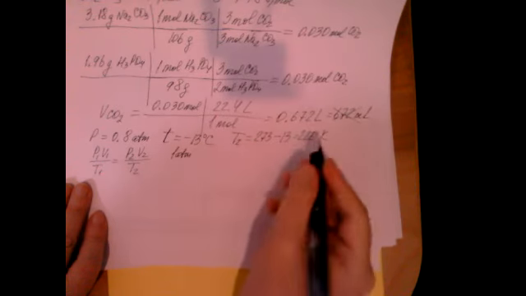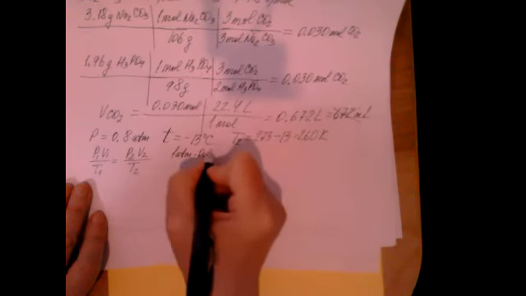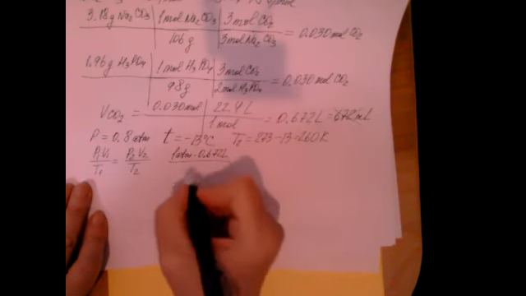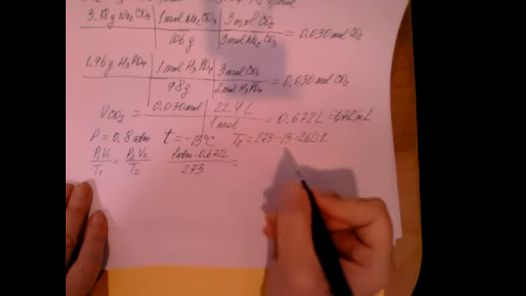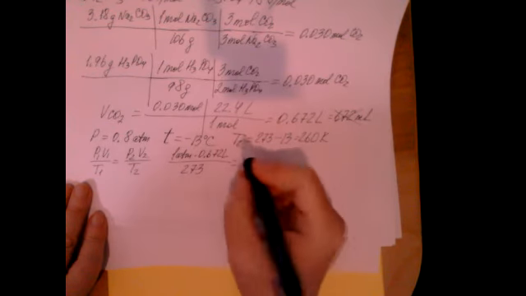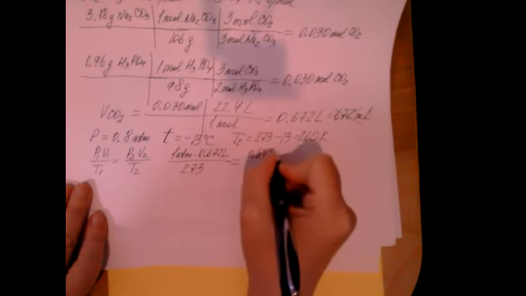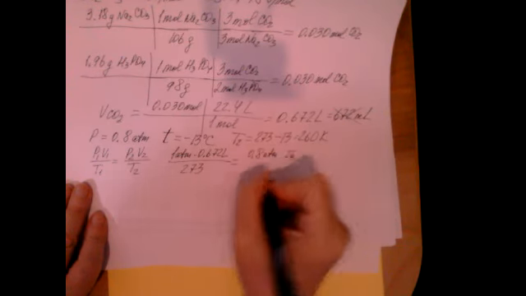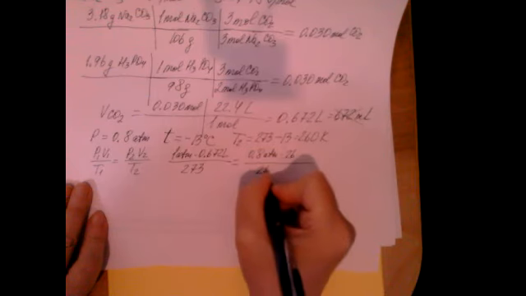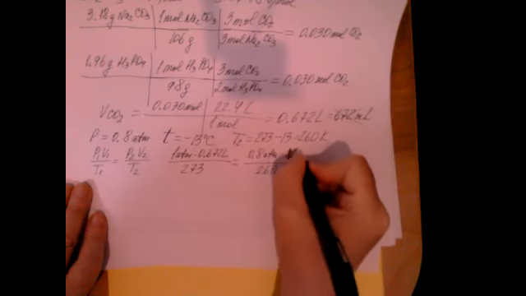So 1 atmosphere initial pressure, 0.672 liters, volume at STP, 273 standard temperature equals final pressure 0.8 atmospheres, final temperature 260, and we need to calculate final volume V2.